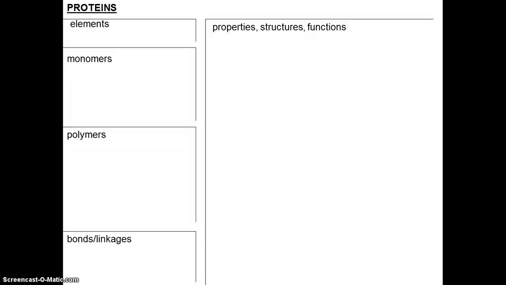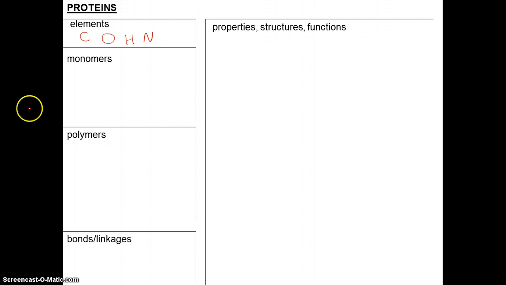So take this from the PowerPoint and summarize what you know about proteins now. So proteins, what are they composed of in terms of elements? Proteins have carbon, oxygen, hydrogen, and nitrogen.